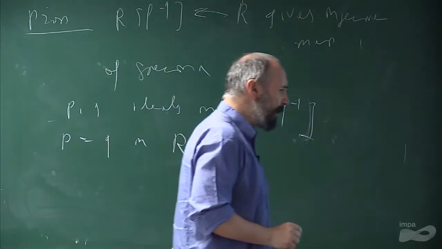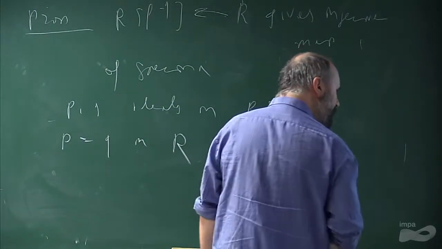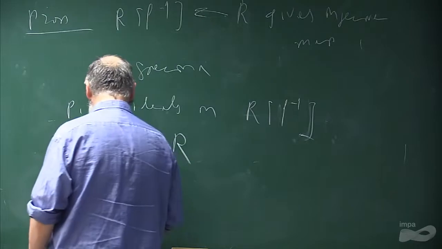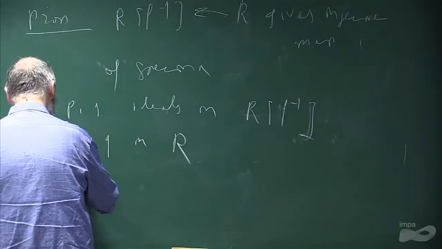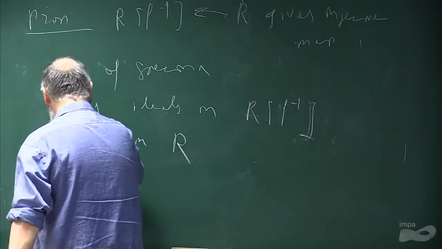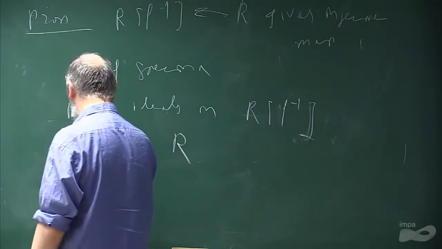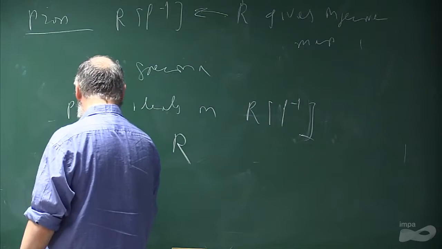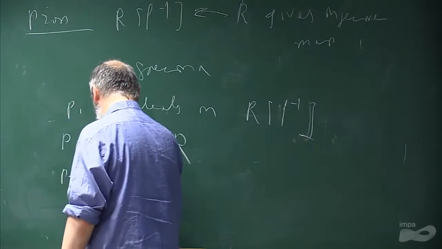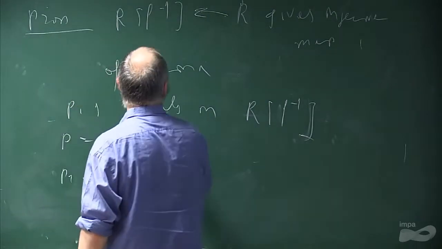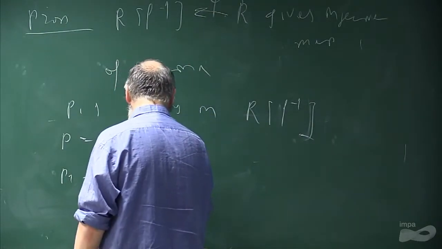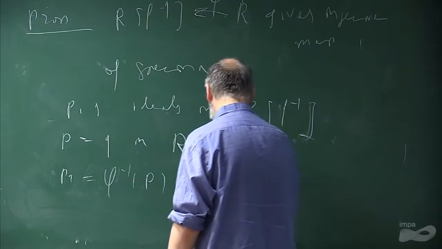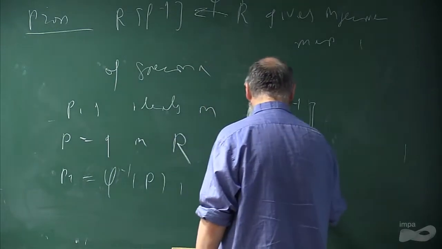But what does it mean that they're the same in R? Let's consider their preimages, denoted by phi^{-1} of P, P1, and phi^{-1} of Q, Q1.